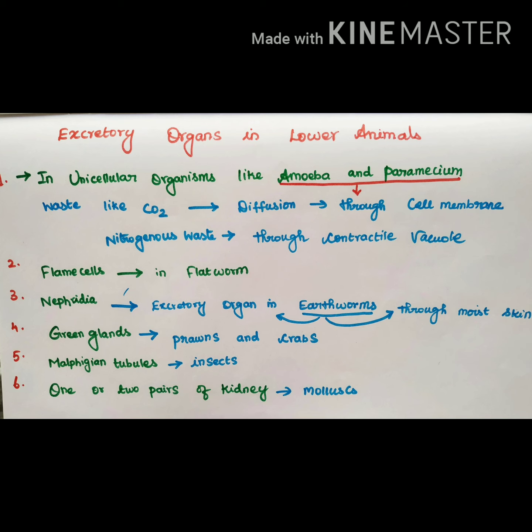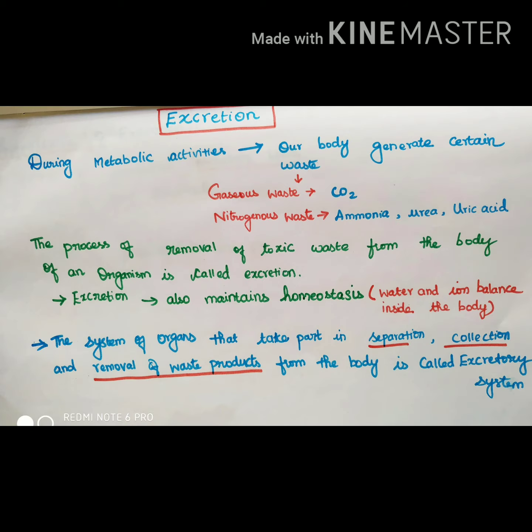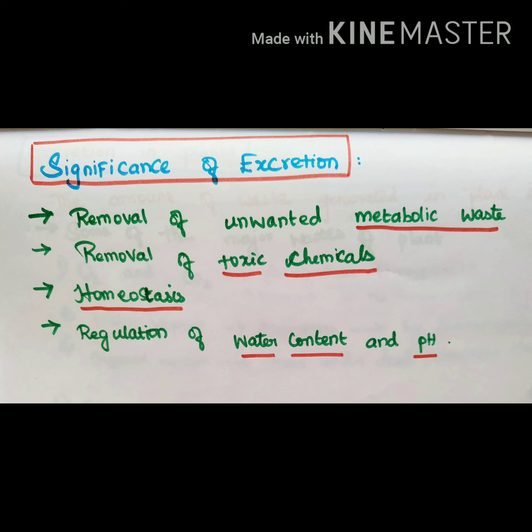Okay, children. So one more time, can we recap the topic we studied in this class? Number 1, what is excretion? The definition of excretion and what is the significance of excretion. What are the major significances of excretion? Removal of waste products and toxic products, and also the major thing is homeostasis, that is water and ion balance in the body.